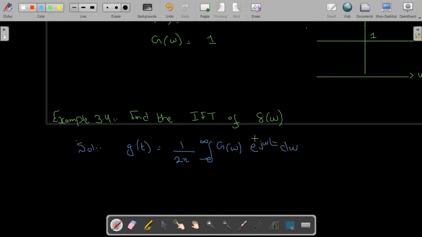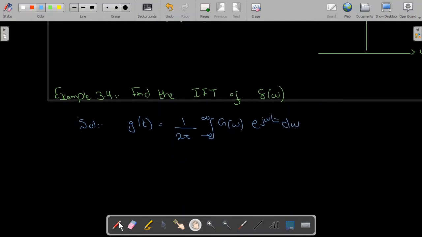So here G of omega is the delta of omega. So we are going to replace this over here. So g of t is equal to 1 by 2 pi, again integration from minus infinity to positive infinity delta of omega e power j omega t d omega.